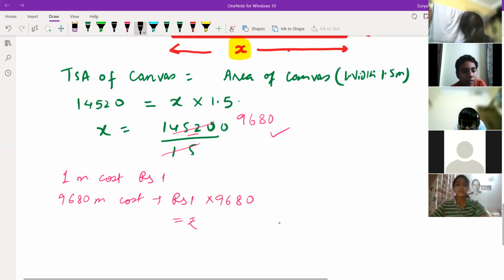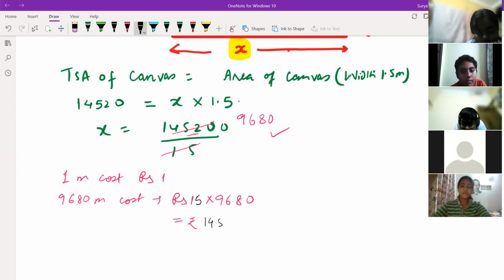Check. You have understood, Krishna? 15 is given in the question or not? Then it becomes 145,200, sir. You are using a calculator? No, sir. I was doing it in the book, sir. Okay, fine.